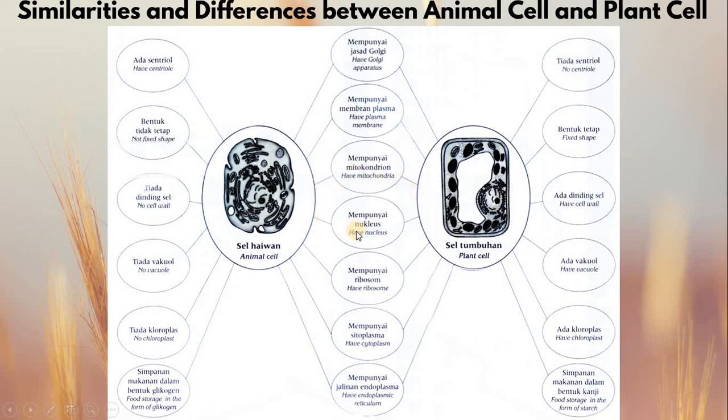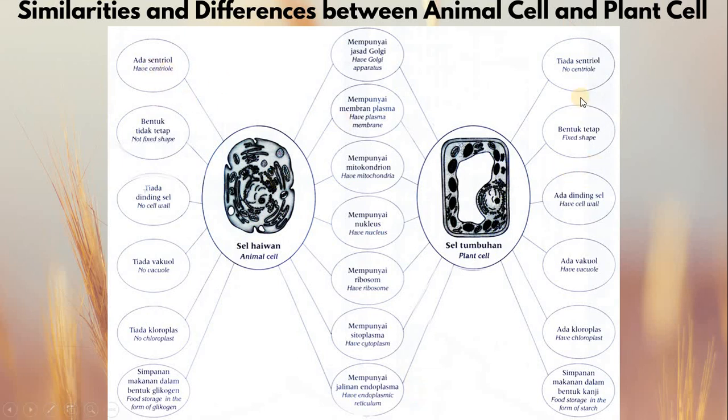The fourth, both cells have nucleus. Number 5, both cells have ribosome. Number 6, both cells have cytoplasm. And number 7, both cells have endoplasmic reticulum.